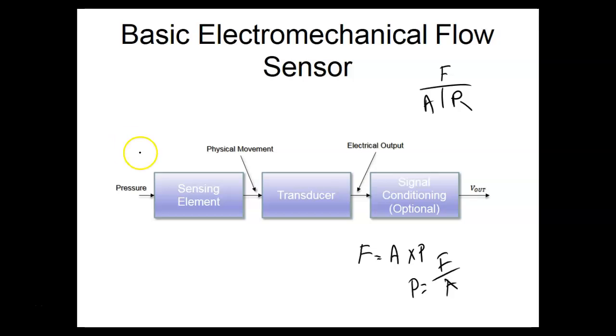So all our pressure sensors, all our flow sensors are going to have some type of mechanical element out here sensing that. A couple we'll look at actually give us a digital output, which we could count over time. But some of them are going to use a pressure sensor. It's going to sense the pressure, convert it into a force, then compensate for the area, like the tension of a spring or something like that. Then it's going to output a physical movement.